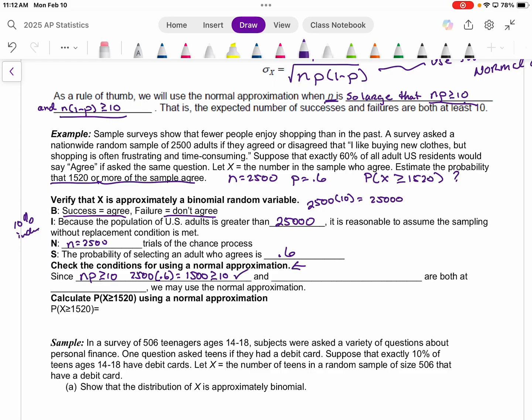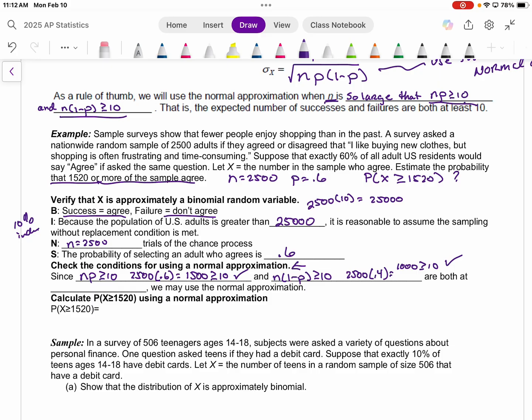Yes. Then I go over here and say, okay, is N times 1 minus P greater than or equal to 10? So is 2,500 times 0.4, which works out to be 1,000. That's greater than or equal to 10. So since I met both of those, then we may use the normal approximation.